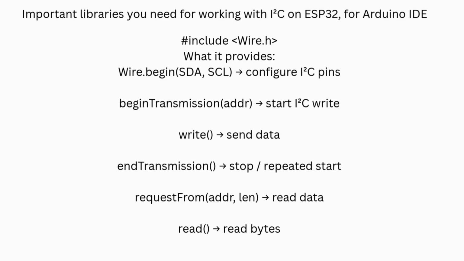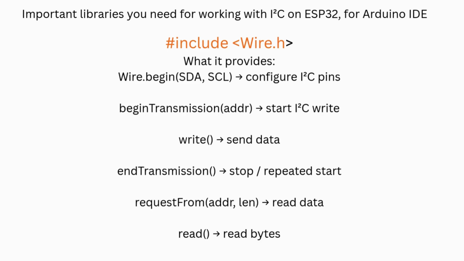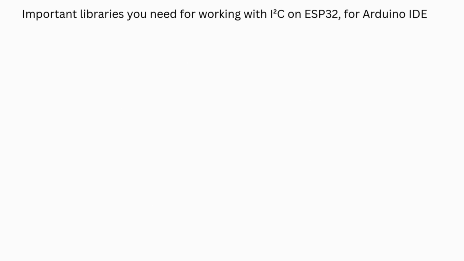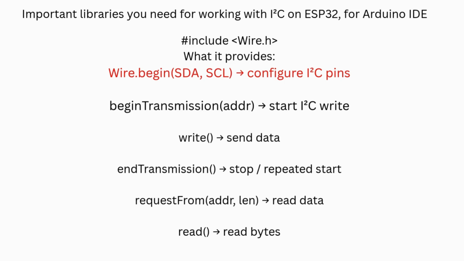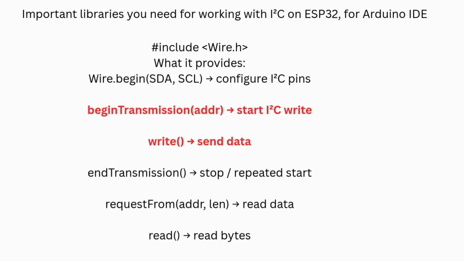Important libraries you need for working with I2C on ESP32. When working with Arduino IDE, the main important is Wire.h. It provides you Wire.begin(SDA, SCL), with which you can configure any of the I2C pins as SDA and SCL. You can use beginTransmission and the address to start writing to the I2C device.